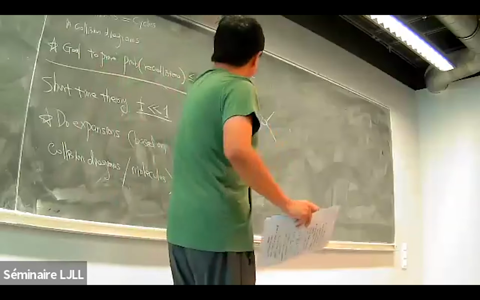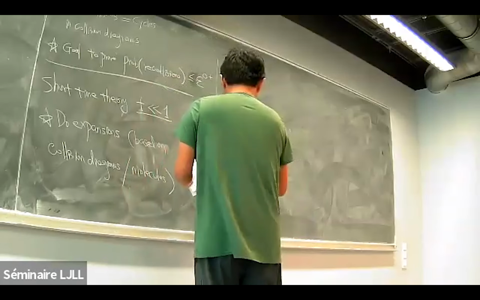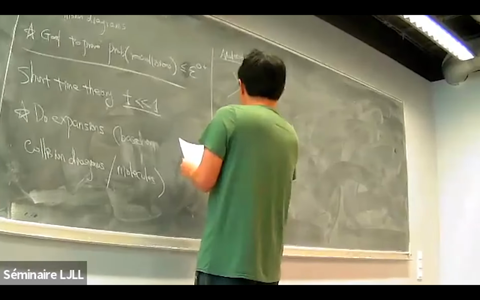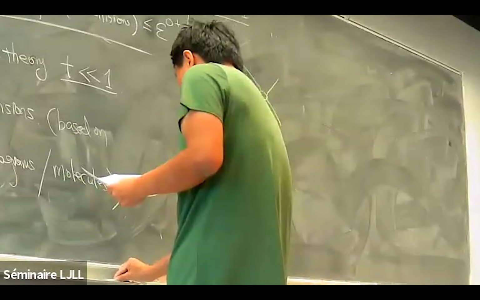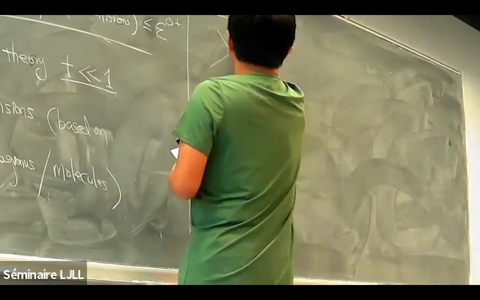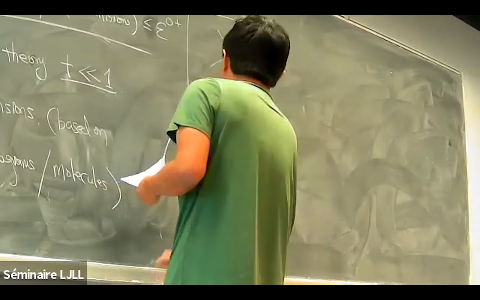Okay, so the same color represents the trajectory of the same particle. So let's call this particle number 1. This blue is particle number 1. And actually, this green is particle number 2.